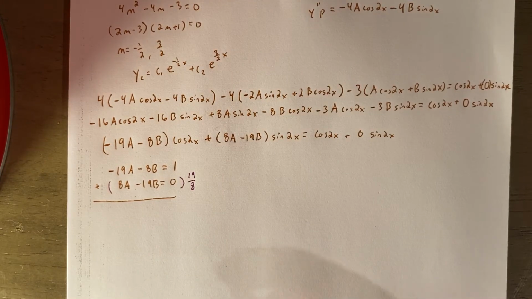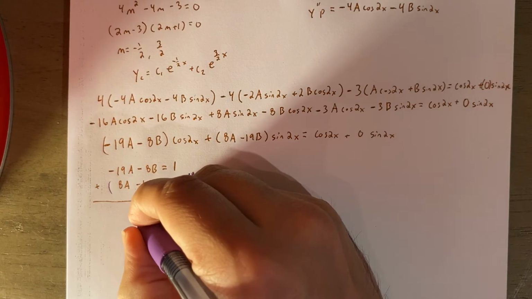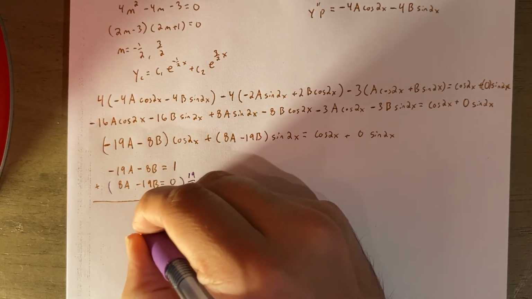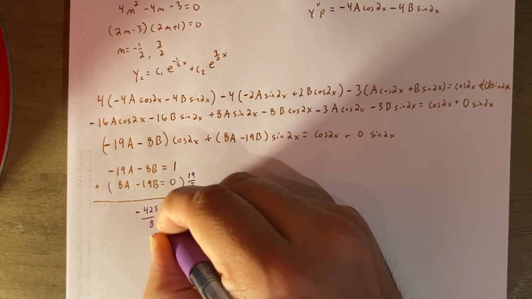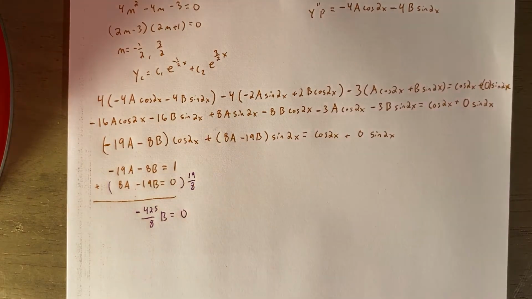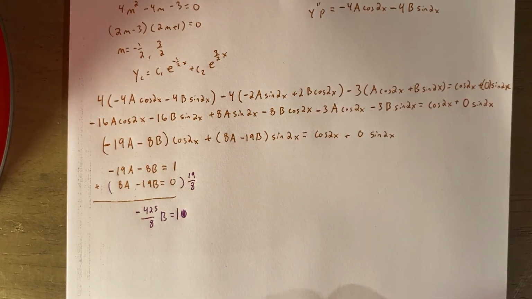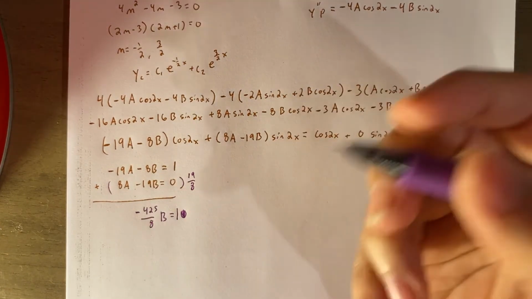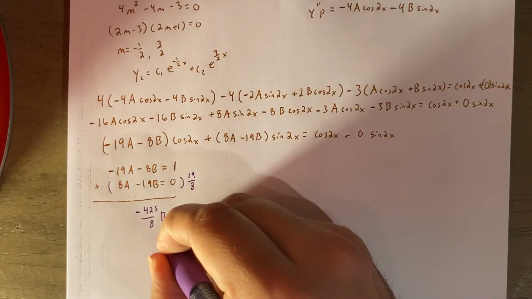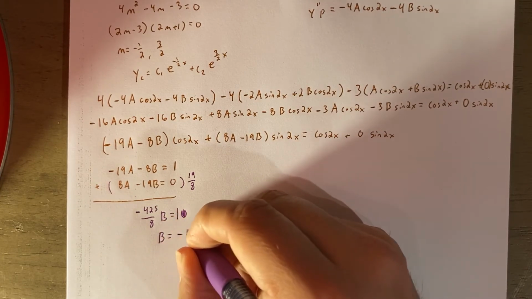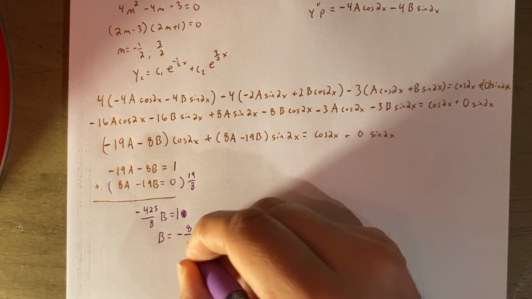When I do this, I'm going to get negative 425 over 8 b, add those, is equal to 1. And then to get rid of the negative 425 over 8, I multiply both sides. So I found b. b is equal to negative 8 over 425.